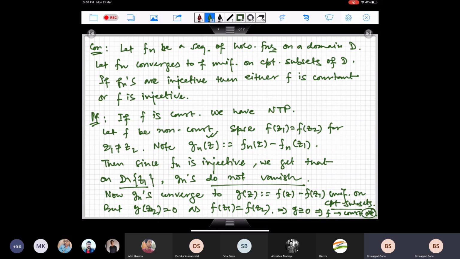So we get some interesting properties of convergence of sequences of holomorphic functions. Whenever we have uniform convergence on compact subsets of a sequence of holomorphic functions, the limit is going to be holomorphic and the derivatives are going to converge uniformly.